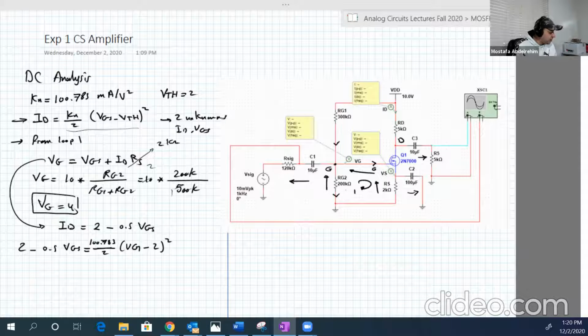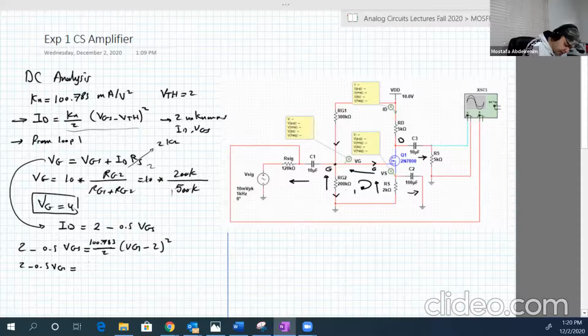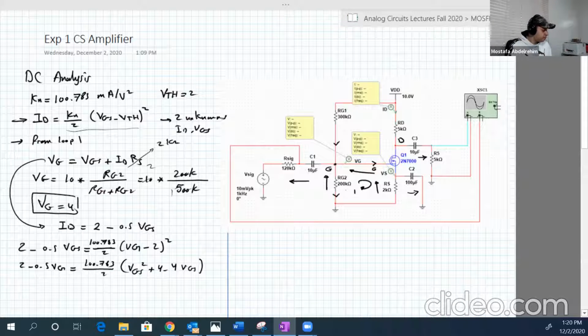So basically, guys, we have this equation: 2 minus half VGS equals 100.783 over 2 times (VGS squared plus 4 minus 4 VGS). We can multiply both sides by 2.